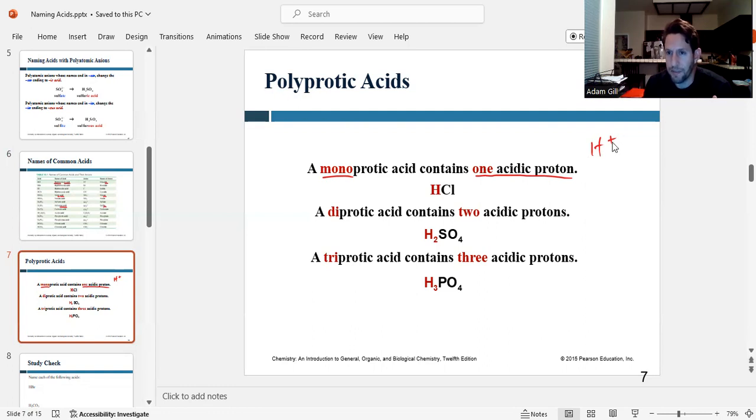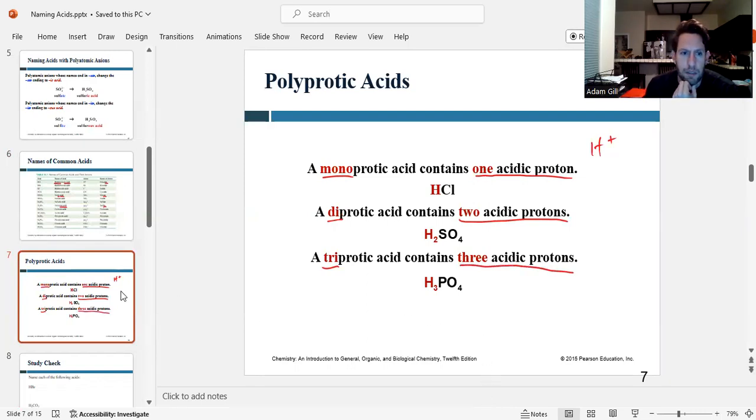So if it's positively charged, meaning it lost the electron, it's literally just a proton. So hydrogen ions are the same thing as just a proton. So monoprotic acids give off 1 proton. A diprotic acid gives off 2 protons, or 2 hydrogen ions. And a triprotic acid gives off 3 hydrogens.